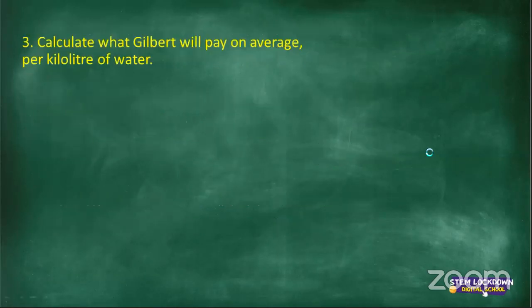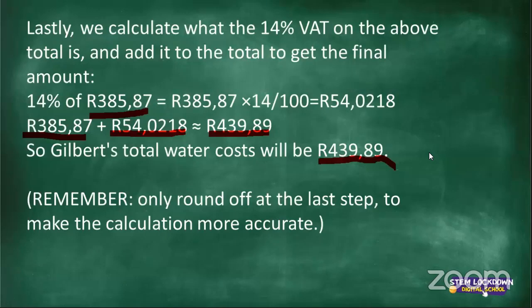Okay, I wanted to make another point before moving forward. We all know VAT is now 15%, right? So it will depend on your question paper. Most textbooks and question papers still indicate a value of 14%. So here they were expressly saying that we need to calculate 14% VAT.